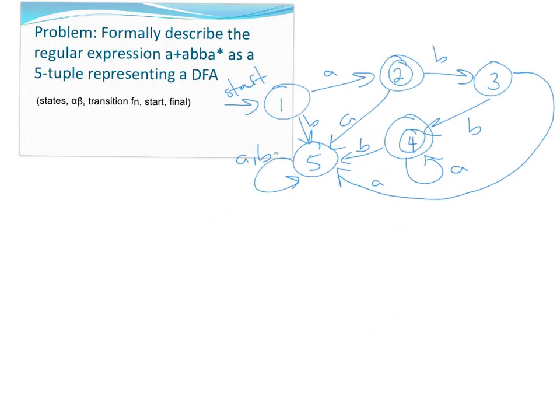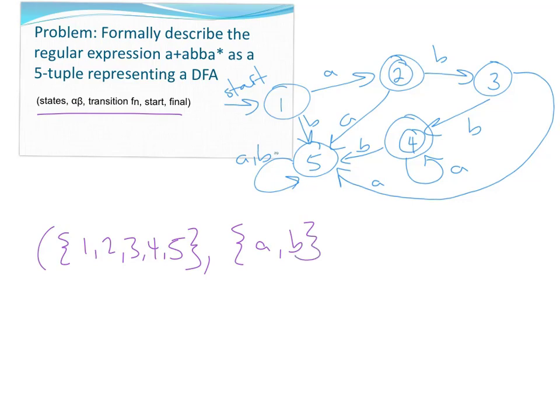Okay, so our five-tuple, we start with parentheses, and the first thing we do is we list our states, which is a set. So we have the states 1, 2, 3, 4, 5. The next element of the five-tuple is the alphabet. And again, this is over the alphabet A, B.